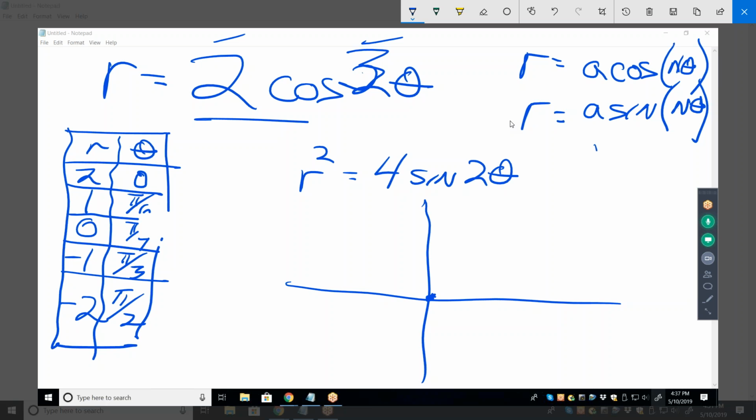In other words, when theta equals 0, the sine of 0 is always 0, so r would be 0. So you see why when theta is 0, our point is at the origin. r has a length of 0. When theta is pi over 6, r has a length of plus or minus 1.9.